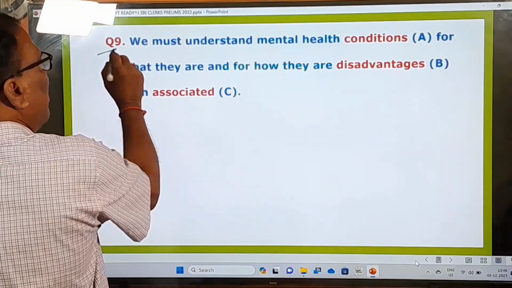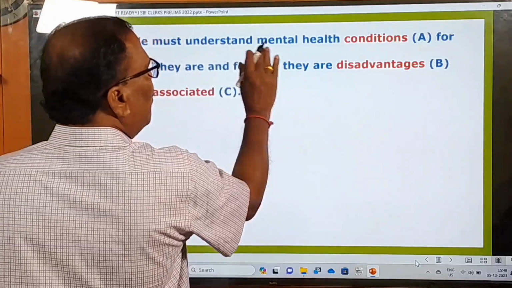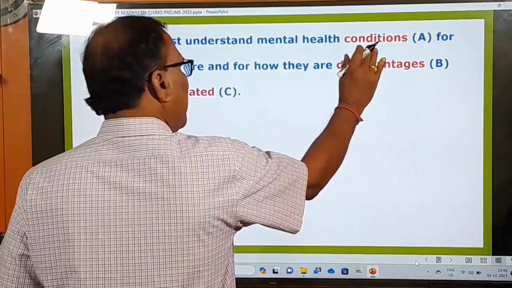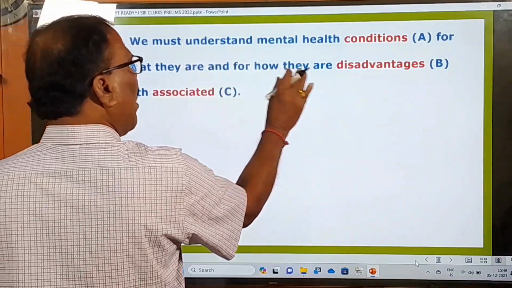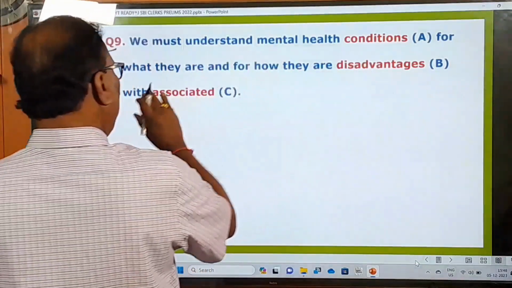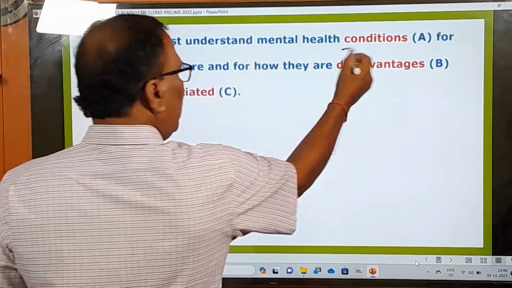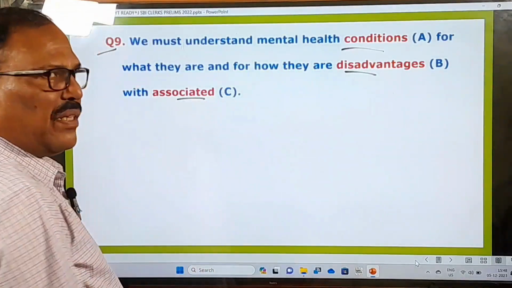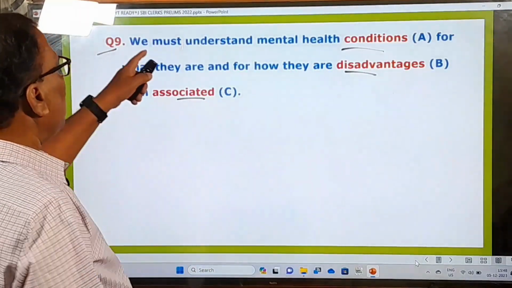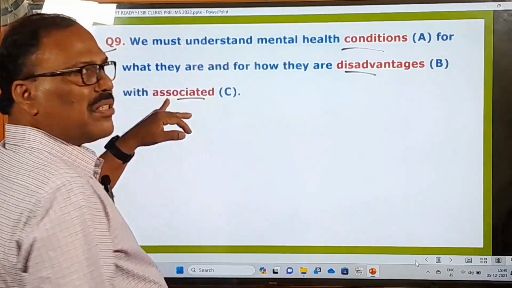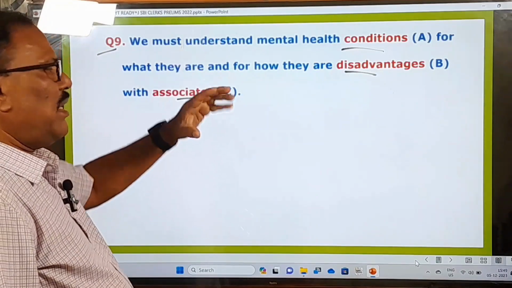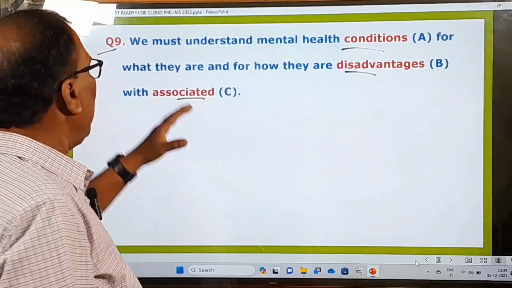Ninth question is there. We must understand mental health conditions for what they are and for how they are, disadvantages with associated. So here these three words are given in this sentence. We must now read the sentence and try to arrange the words given in bold in a meaningful, grammatical order.